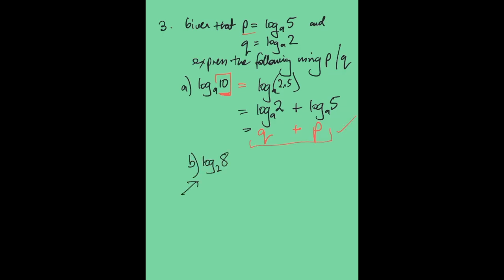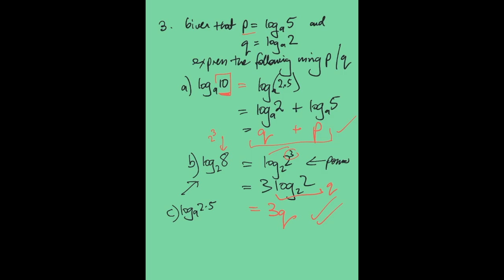Here I can use the power law as well because I know that 8 is 2 to the power of 3, so I can express this as log base 2 of 2 to the power of 3, and then I can bring this 3 across here and say that this is equal to 3 times log of 2 base 2, and this we know is q, so the answer here is 3q.